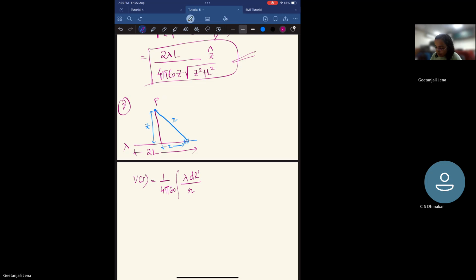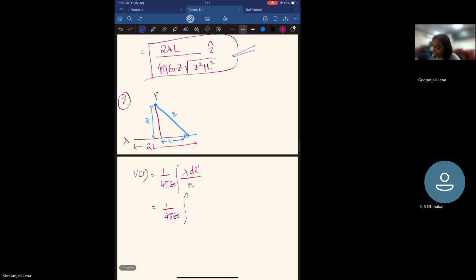So we now have 1 by 4 pi epsilon naught lambda dx, where r is square root x square plus z square. And the integration is on x. We have taken this point as the origin, so that is why we have taken the limit minus L to L. You can start from here also and take the limit from 0 to 2L.